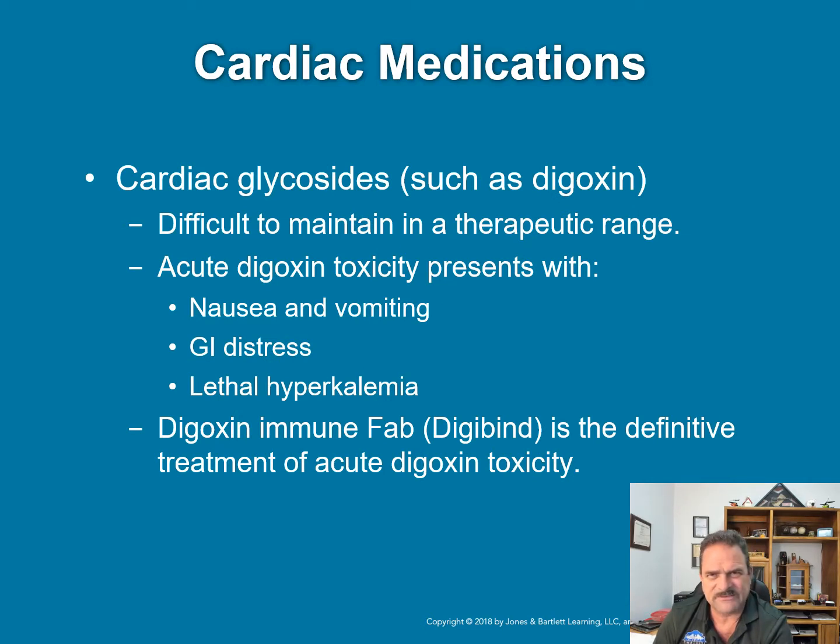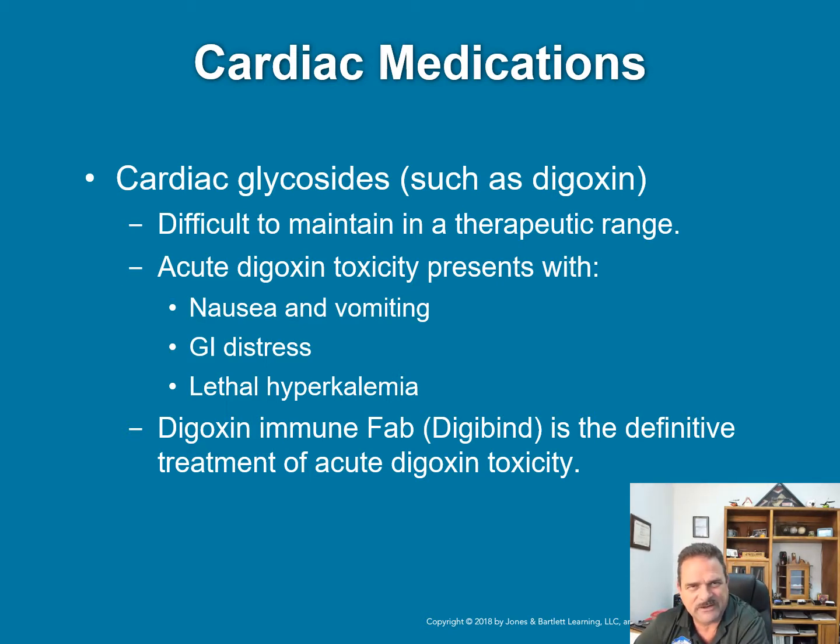Cardiac glycosides, such as digoxin, are particularly problematic to maintain within a therapeutic range. Acute dig toxicity presents with nausea, vomiting, and GI distress, and also lethal hyperkalemia. Digoxin immune fab, or DigiFab, is the definitive treatment of acute digoxin toxicity, but it's likely to be unavailable in the pre-hospital environment.